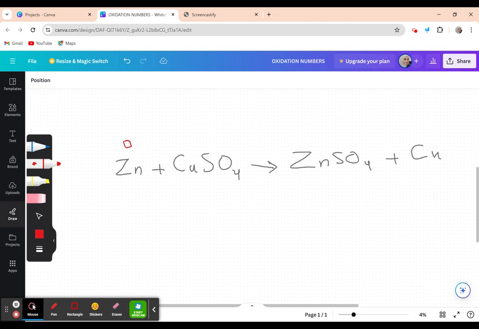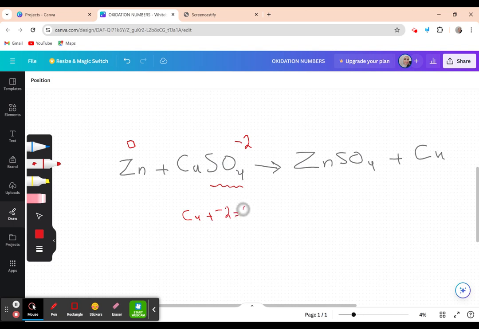Now, copper sulfate. We know that the sulfate ion is -2. The whole compound is 0, so Cu plus -2 equals 0. This means copper is +2. Next, ZnSO4.